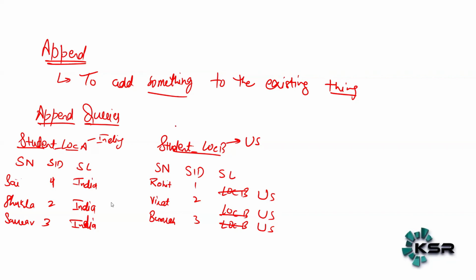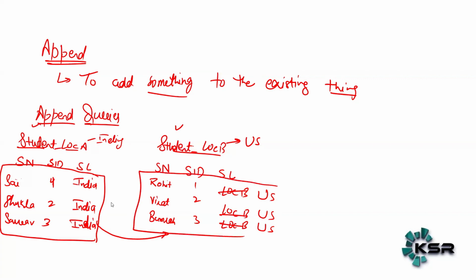Suppose you want to append these two tables. You want to append this data here, and you want to use this as a single table and then use it in the visualizations. Or in the other case, you want to append this data to this table, and then you want to use this as a single visualization.